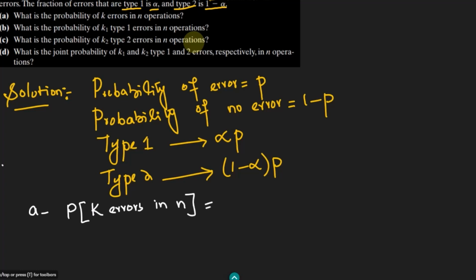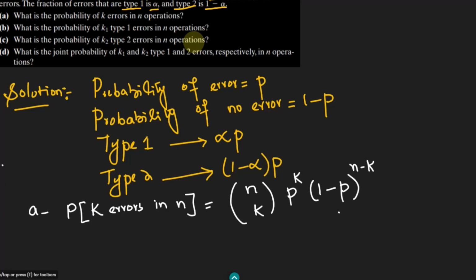This is clearly a problem of the binomial probability law, and the formula would be n choose k. From n we have to find the probability of k errors, and the probability of error is p, so the power will be k. Similarly, the probability of no error is 1 minus p, and the power will be n minus k. This is because of the binomial probability law.